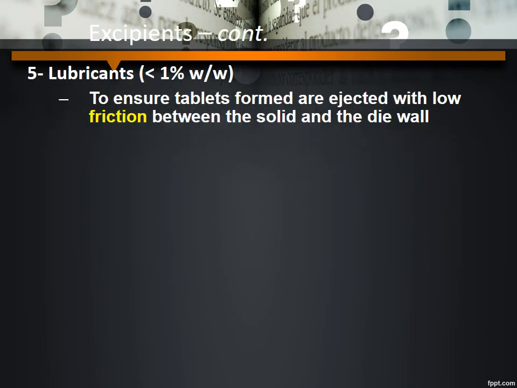So during the manufacturing process of tableting, lubricant is also added to ensure the tablet is ejected with low friction between the solid and the die wall of the tableting machine. Usually lubricant is added in a low percentage, which is less than 1% weight over weight.